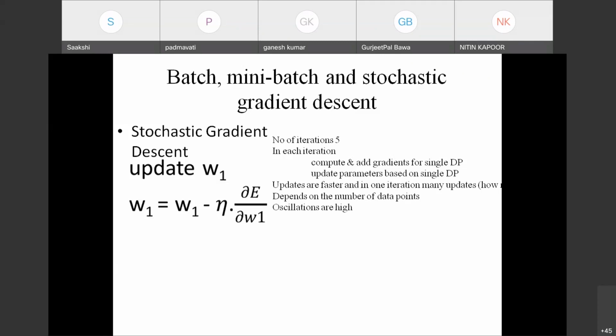But the problem here is, as we are doing updates based on every single point, different updates are taking place. So based on those updates, my curve is not smoother. My convergence graph will have many oscillations.